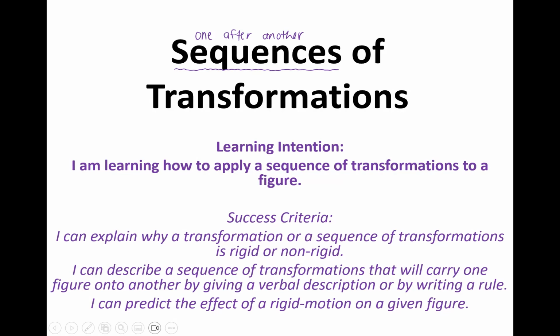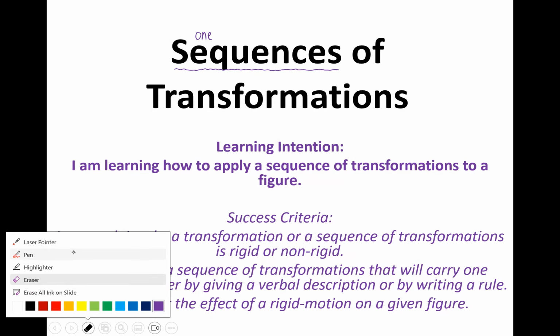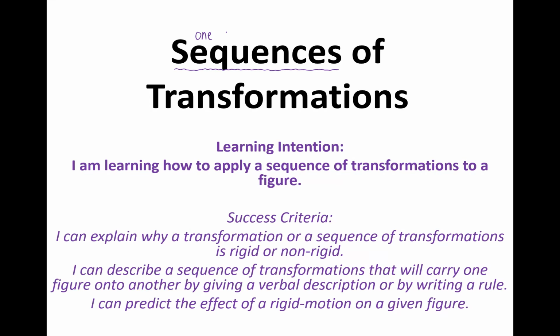So one after another, we're going to do a transformation, and then another one back to back. So we'll have two transformations in one problem. It'll be delightful. All right, sorry, I just want to rewrite this really quickly. One after another. Cool, let's go forward.